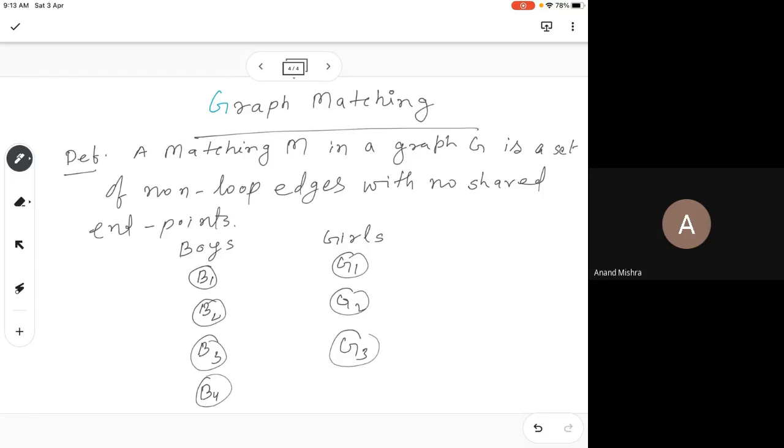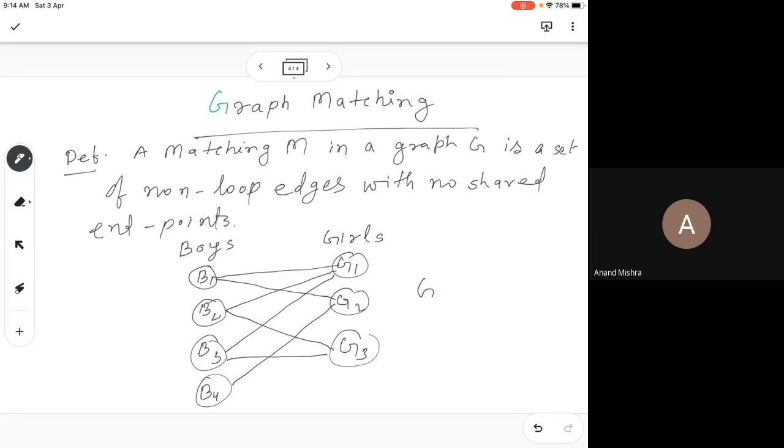Now you have boys and girls, and we want to have a matching. So let's say boy B1 likes G1 and G2, B2 likes G1 and G3, B3 also likes G1 and G3, and B4 likes G2, right? These edges are based on liking. So this is not a matching, this is a graph G.